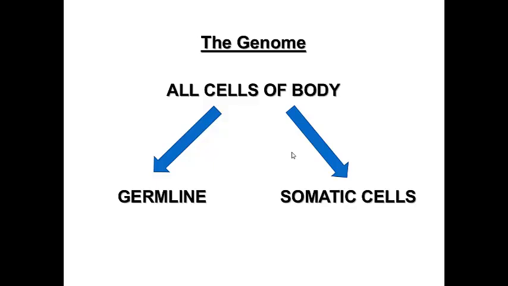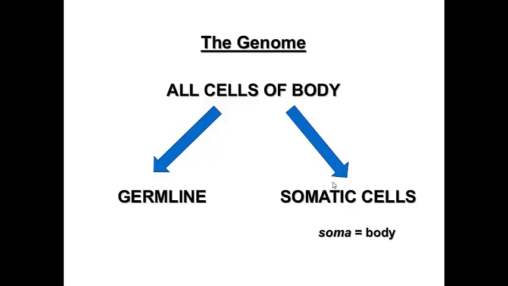Just remember it this way. Soma is in the word somatic, and soma equates to body. The overwhelming majority of cells in your body are somatic cells. We will begin our overview of the genome referring to somatic cells.